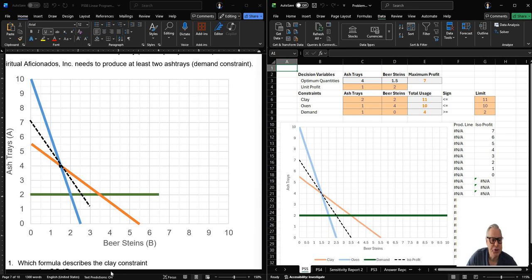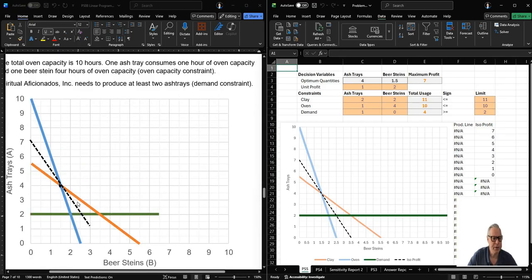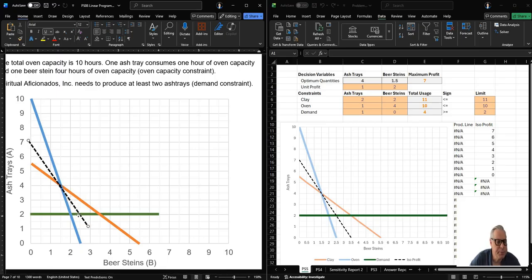So now the question becomes, if you use an integer solution, because you can't sell half a beer stein, what is the next best integer solution? So we take our arbitrary ISO profit line and we see what is the next best integer solution. So shall we produce maybe 4 and 1?